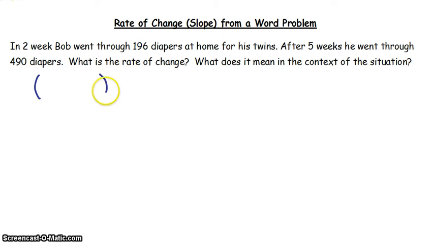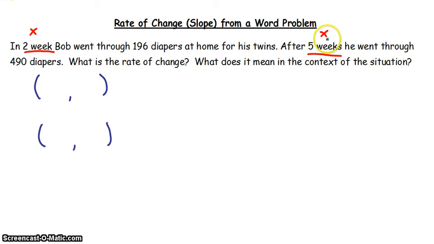We can come up with 2 ordered pairs from the information. Keep in mind, when you're setting up your ordered pairs, your x coordinate should always be first, but also if you have anything that has to do with time in your word problem, seconds, minutes, hours, days, weeks, months, years, anything that has to do with time, that's going to be your x, or your independent variable. So in this case, we have 2 weeks and we have 5 weeks.